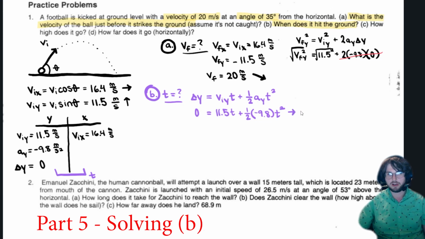And now if we rearrange this a little bit, we can add this term to the other side because 0 is generally considered free real estate. Because this term would be negative because of that negative 9.8, we want to add it to the other side. So when we do that, 1/2 times 9.8 is 4.9. So we'll do 4.9 t squared equals 11.5 times t.